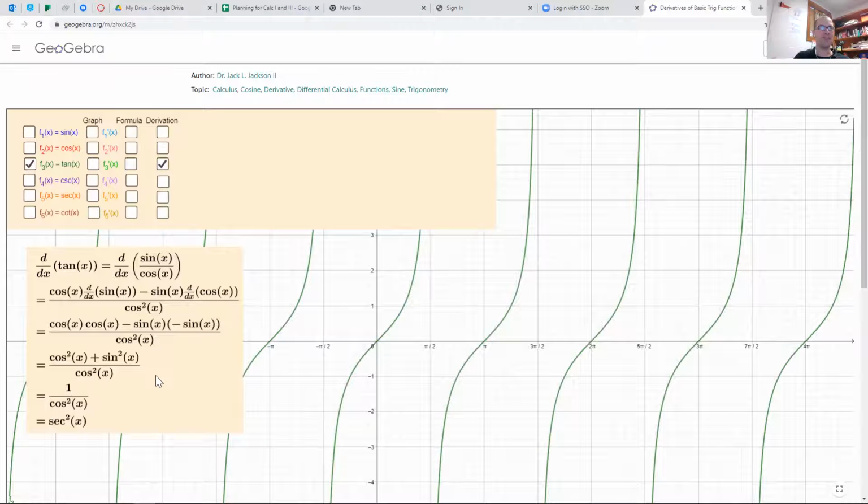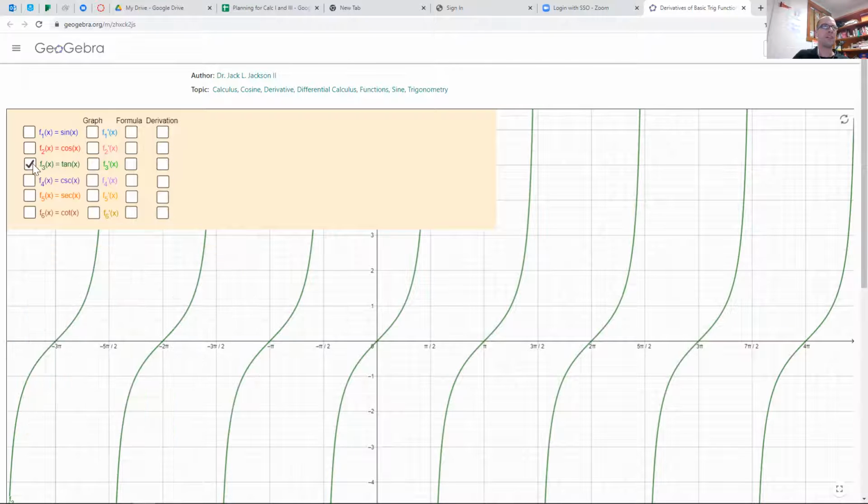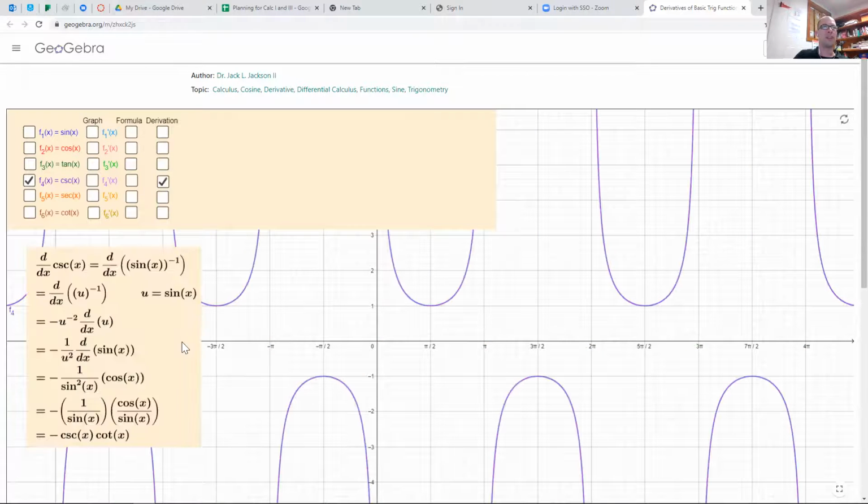No limits involved, since we already know the derivative of sine and cosine. So that's kind of cool. End up getting secant squared. Cosecant, that is the reciprocal of the sine function. And so you could even maybe think of using the reciprocal rule here.